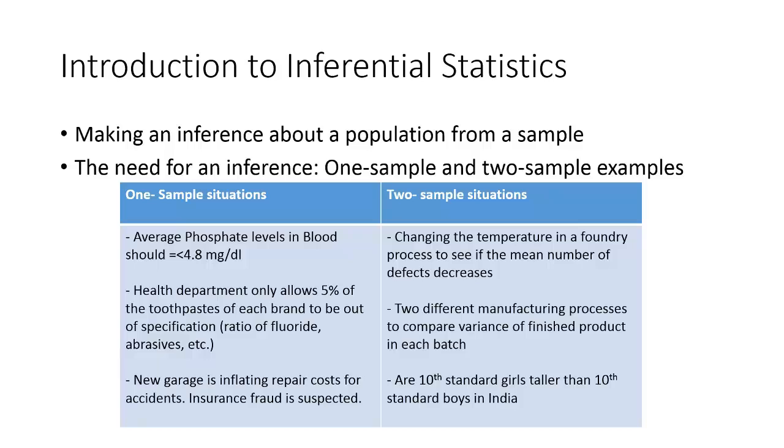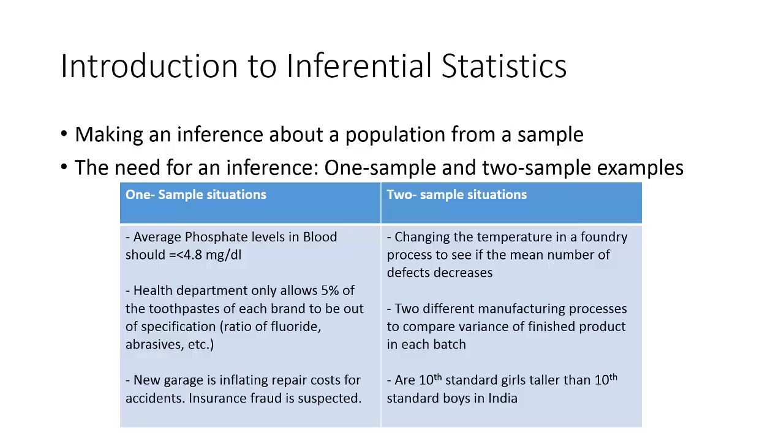But let's say that your doctor or doctors in general, or public health advocates say that the average phosphate levels in blood should be less than 4.8 milligrams per, I don't know, deciliter. So again, irrespective of the unit, the whole idea is that this number, which you can get if you go measure your blood, should be on average less than 4.8.